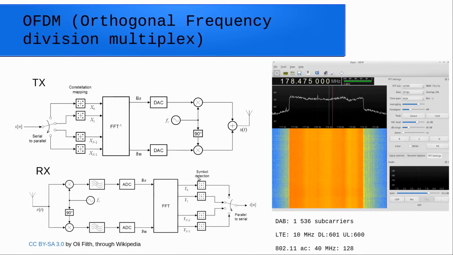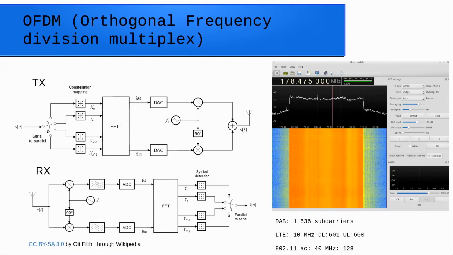Here again, you see I like DAB. Again, the DAB signal. DAB uses 1,536 subcarriers, and the number of subcarriers here actually is also always a compromise of how close your subcarriers are, which defines how much Doppler shift in case of mobile reception your system is capable to cope with.